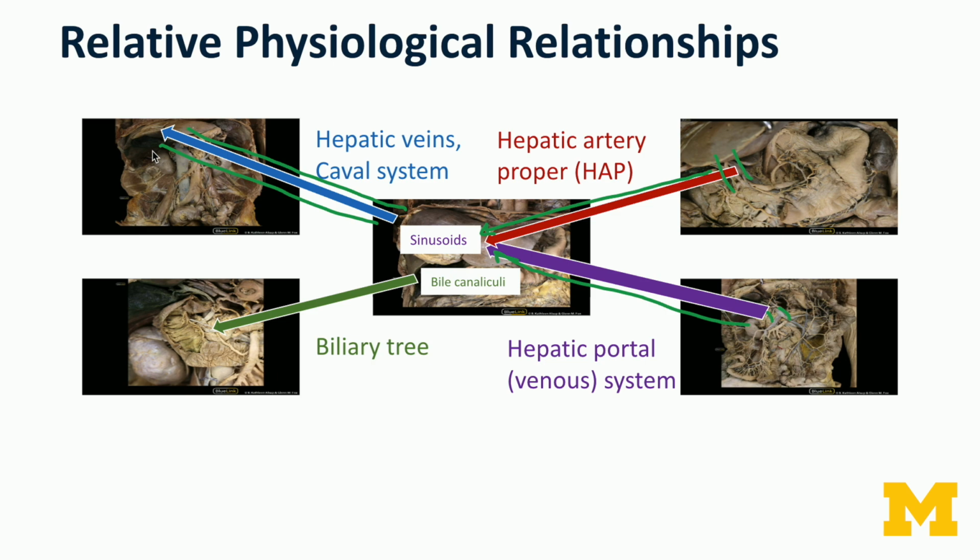And then bile is excreted from the bile canaliculi down the biliary tree, which we'll see in a subsequent video, through that major duodenal papilla into the second part of the duodenum. So 2 sources of blood in, 1 source of blood out, and 1 source of bile out.